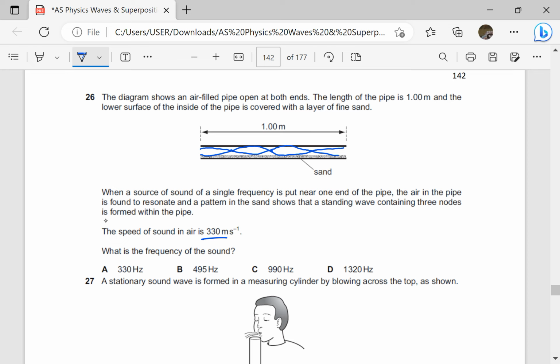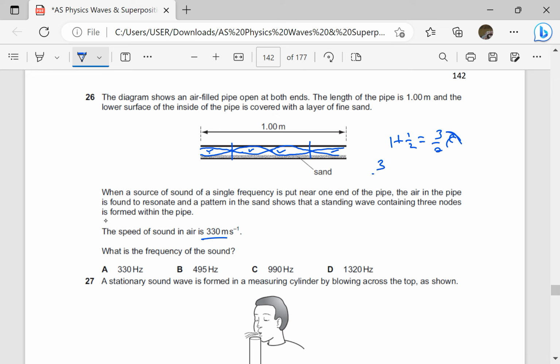The length of 1 meter is going to represent 1 cycle, plus a quarter plus a quarter, that is half a cycle. So 1 plus half a cycle is 3/2 of a wavelength.